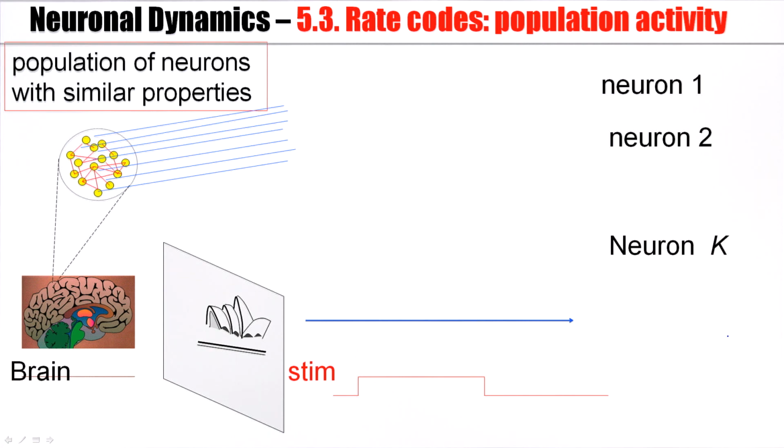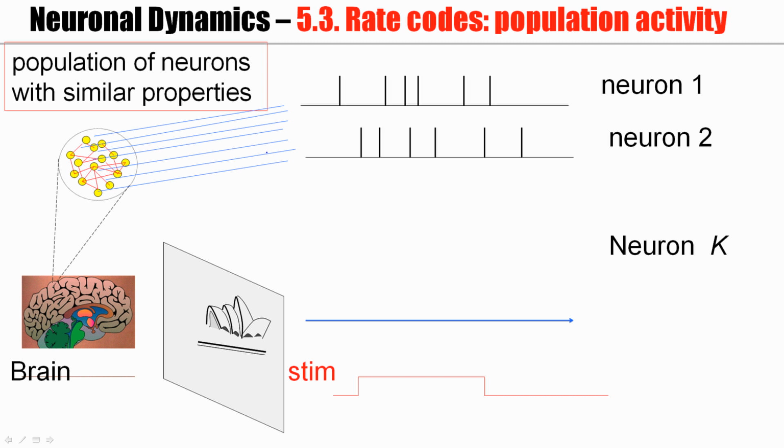Fortunately, there is yet another definition of firing rates. I mentioned at the beginning that neurons are often organized in pools of neurons or populations of neurons with similar properties. Suppose we have a population of 500 neurons, and with a multi-electrode recording array, you are able to record from all 500 neurons simultaneously while you present the stimulus.